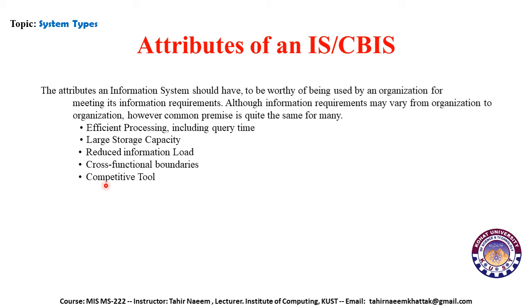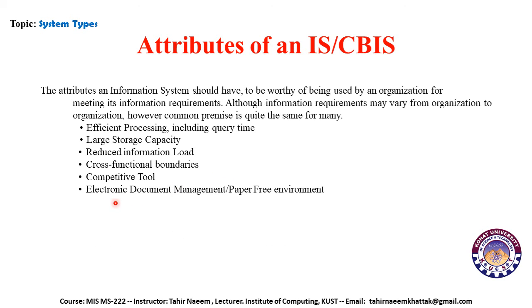Competitive tool. The information system should be able to give an edge in competition, and it must be able to give the whole picture of the state of the organization, so that we may use it in a beneficial way.